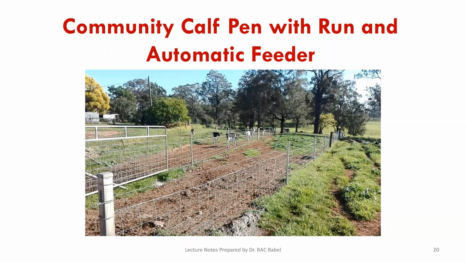However, of course, you can think of cons of this system also, where it will be an expensive setup, right? And then if you think of the floor here, right? It's either grass or soil. So soil can get muddy. If it's grass, then they can consume grass that they're not supposed to eat, right?